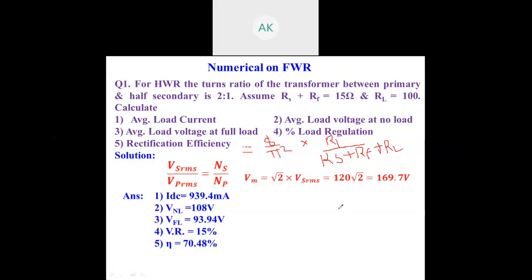So you have RL as 100 ohm, Rs plus Rf as 15 ohm, and RL is 100 ohm. So simply find this, and it will be 70.48%. Now similarly, we will go for one more problem.